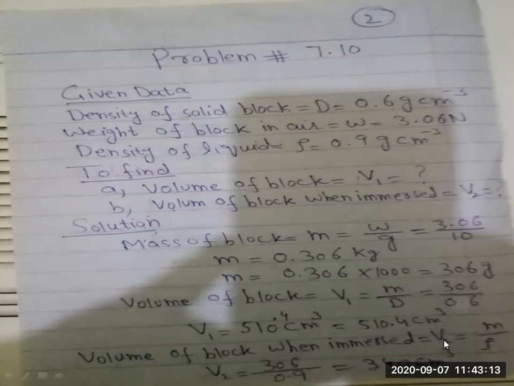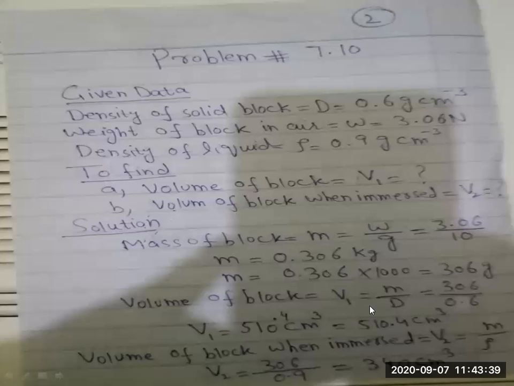Here D is replaced with rho, because these are two different densities: rho is the density of the liquid and capital D is the density of the object. There's a little bit of difference. Capital D is the density of the object when not immersed, and rho is the density used when it is immersed, meaning dipped into the water.